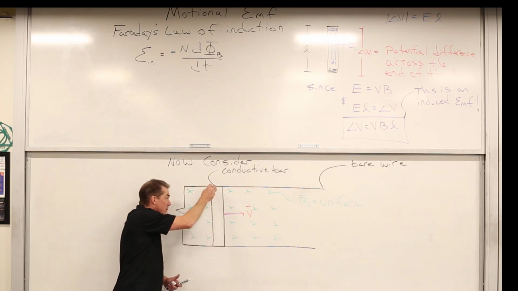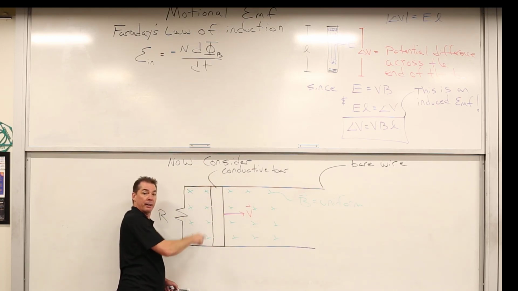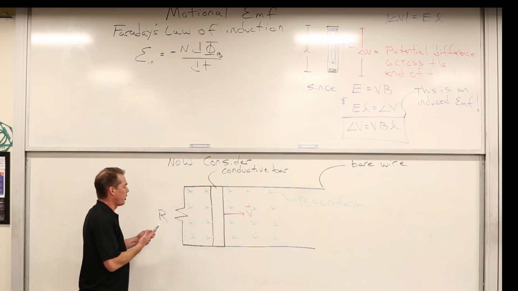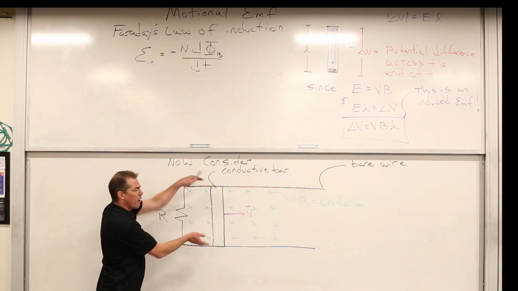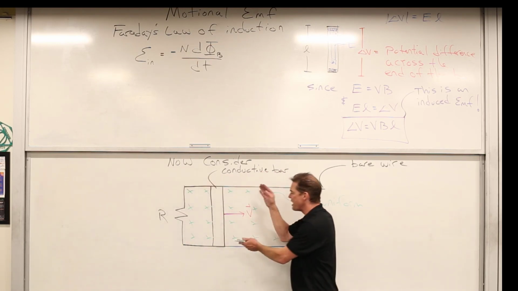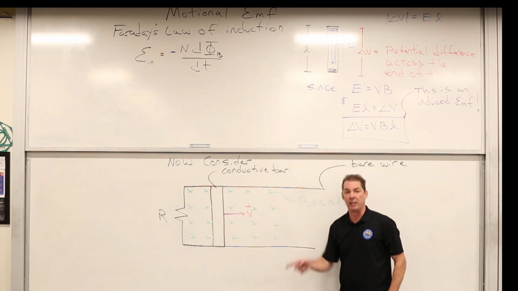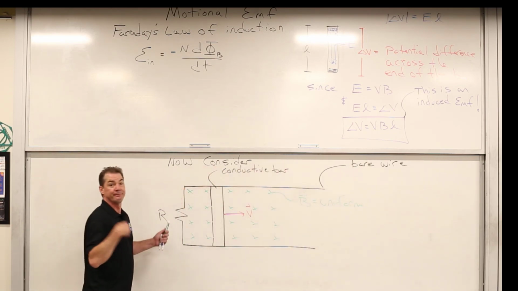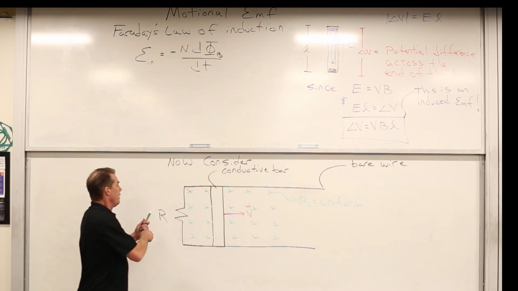But there continues to be a force on the electrons within this bar that keeps moving them down as they cycle back around. That's a current. We get ourselves an electron current out of this. So within this bar, there's still this electric field due to a charge separation, but that charge separation continues to produce a flow of the electrons themselves.